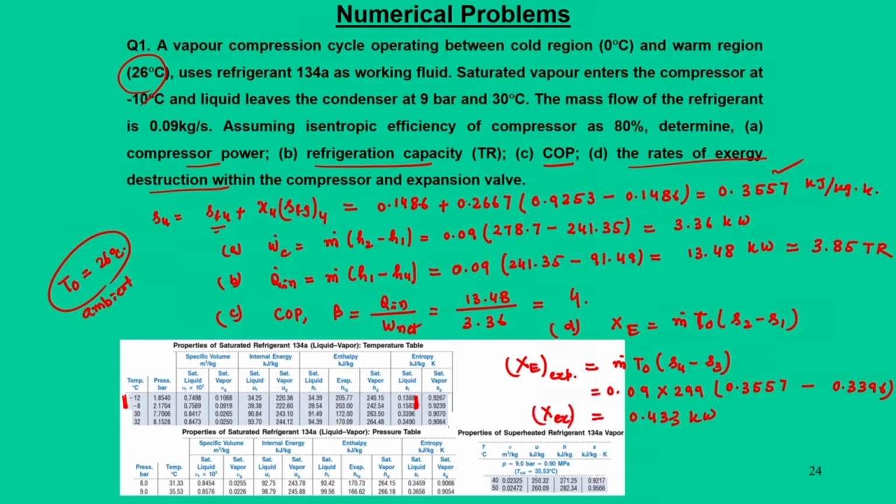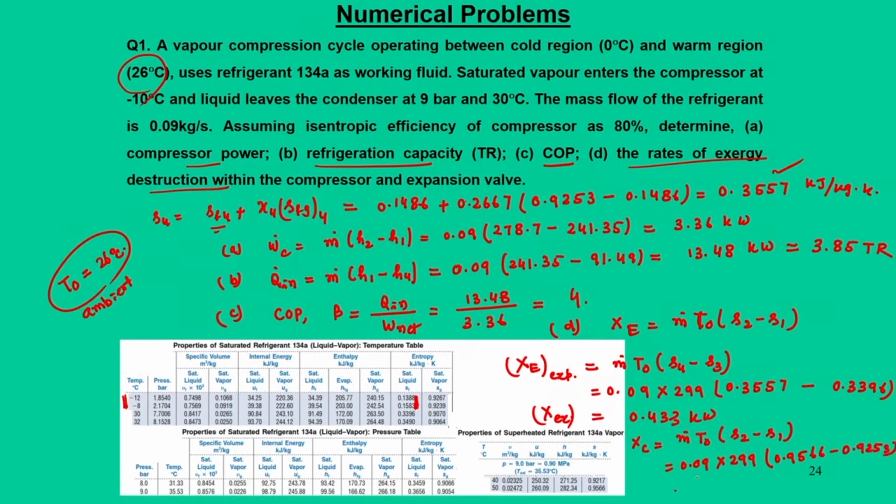The other thing that we have is the compressor. So, for that compressor you can calculate m dot T0 into (S2 minus S1). So, that is 0.09 into 299 into (S2 minus S1), which is 0.9566 minus 0.9253.